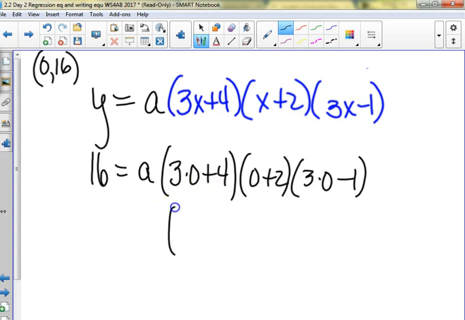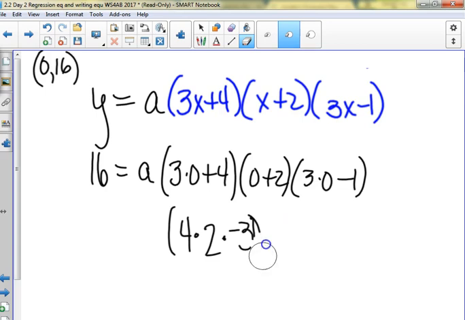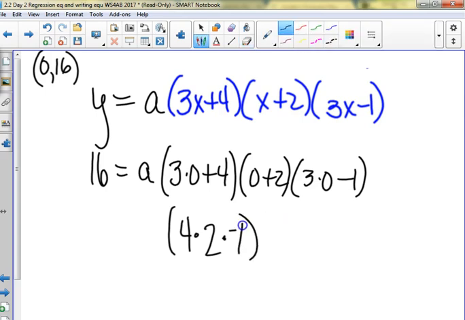This parenthesis becomes 4, this parenthesis becomes 1, and this parenthesis becomes -3, right? I can't read what I wrote. 3 times 0 minus 1 is -1, yes? Okay, so what did all this simplify to? -8, and when we divide it into 16, we get -2.